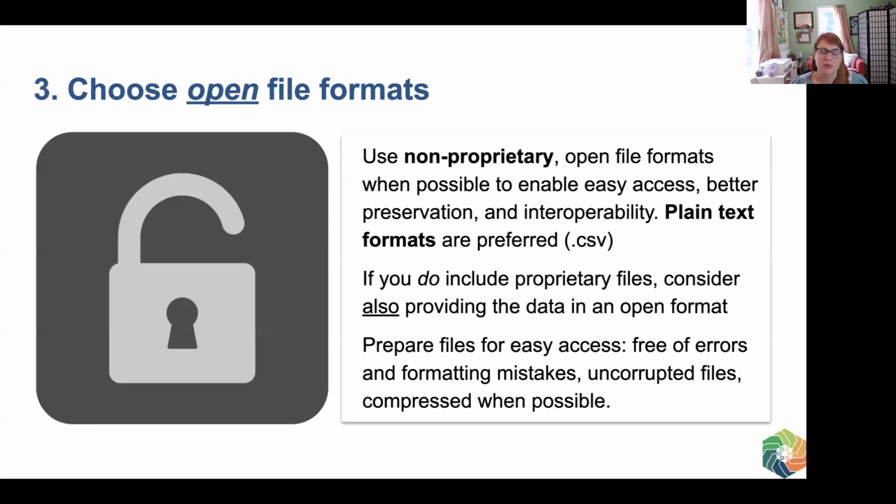once we've decided if we can share files, the next thing is to make them the most accessible, and that's by choosing open file formats. So this will really maximize accessibility, reusability, and preservability by using non-proprietary open formats. So this is the difference between a text file .txt that can be opened by many types of software, or a .doc Word file that can only be opened by some specific particular types of software.